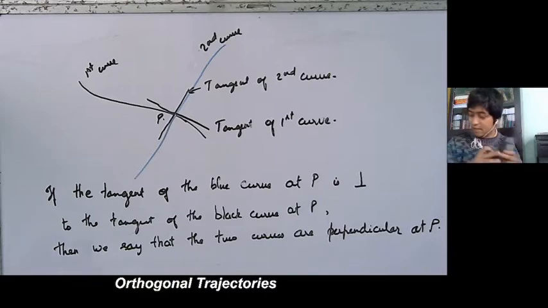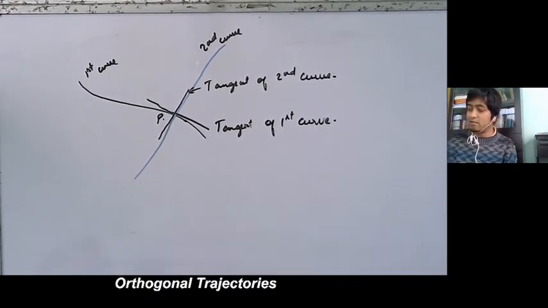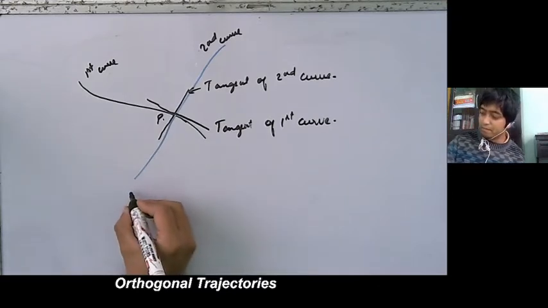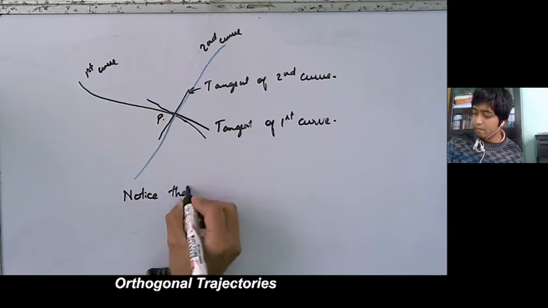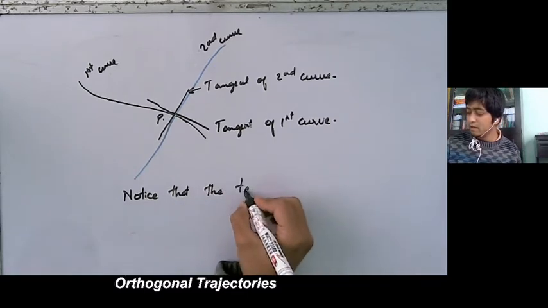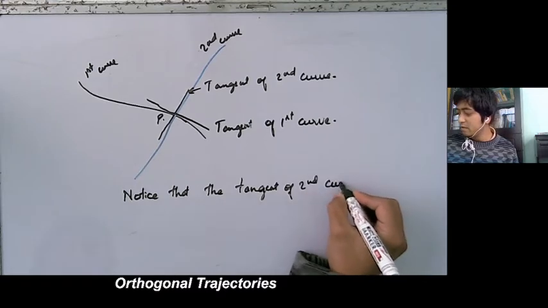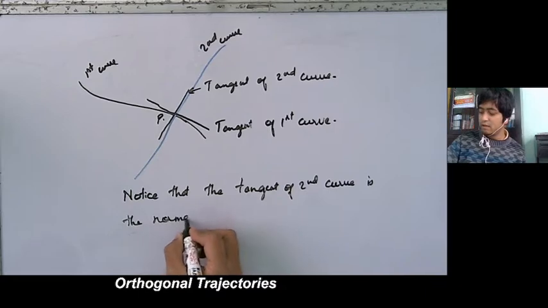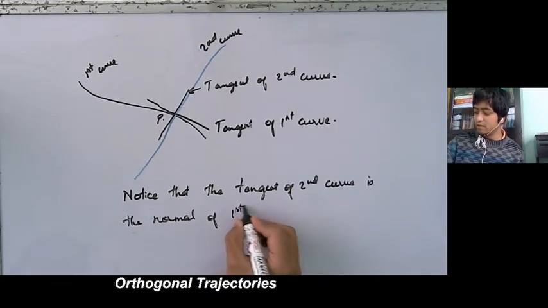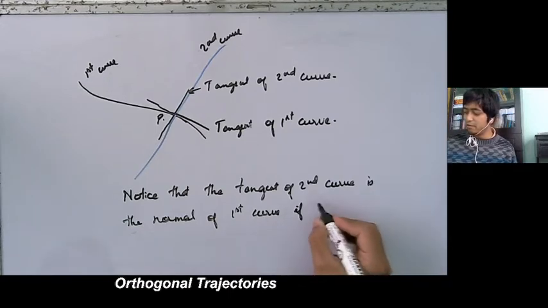That is what I say, that we will have to use tangents and normals. So notice that the tangent of the second curve is the normal of the first curve, if the two curves are perpendicular at P.